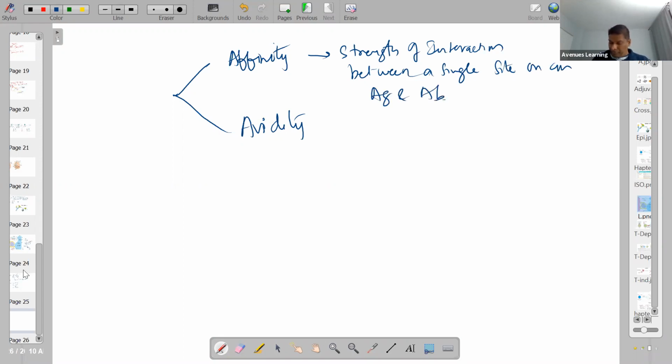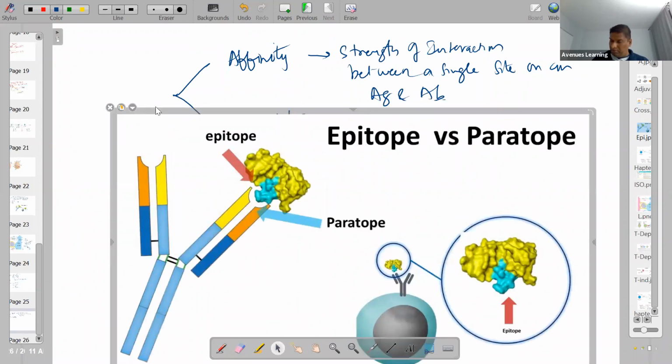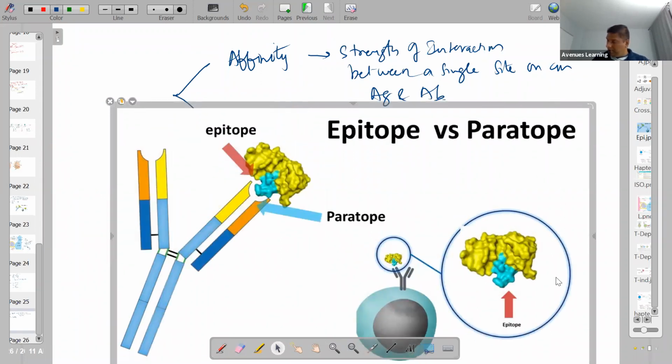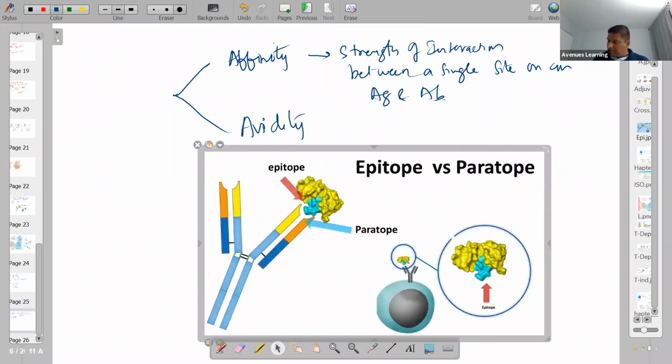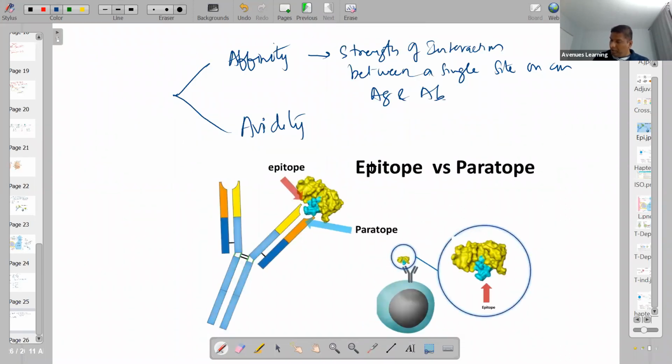That means if I go back to this example, what is the strength of interaction between this epitope and this paratope?